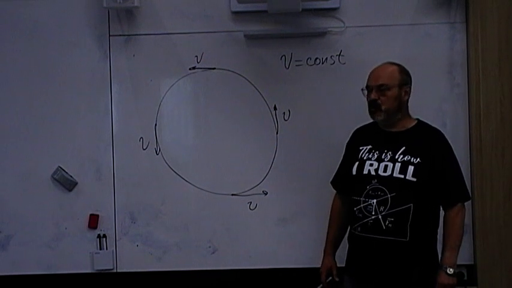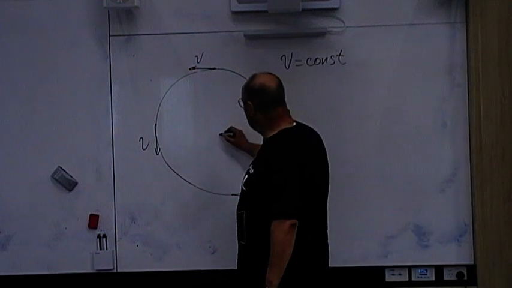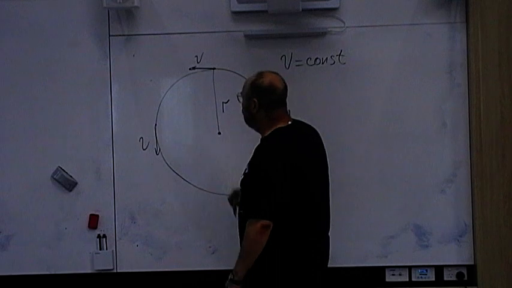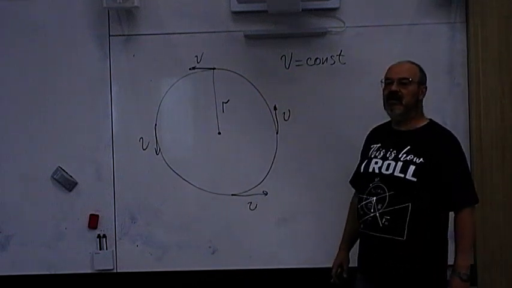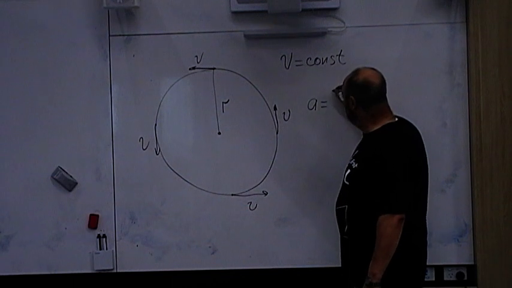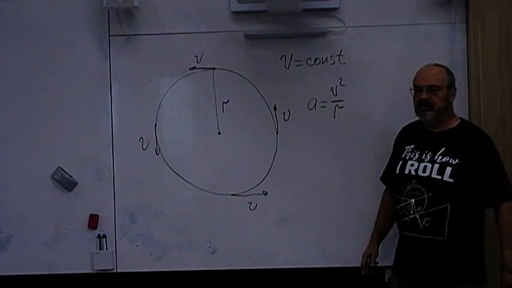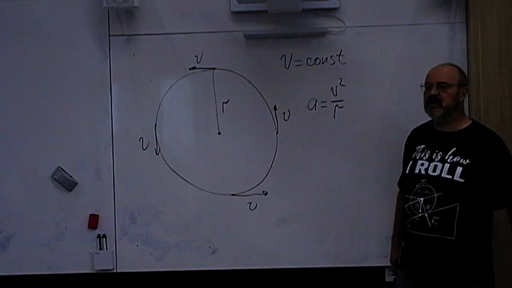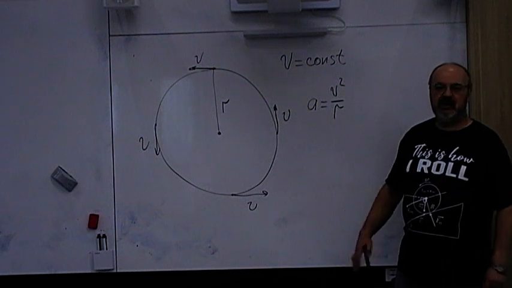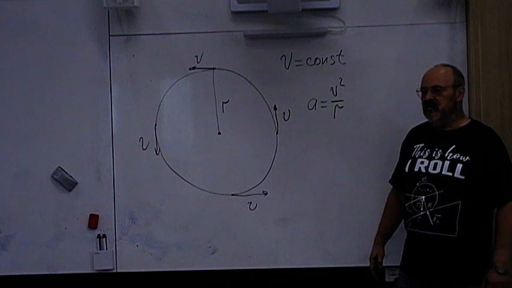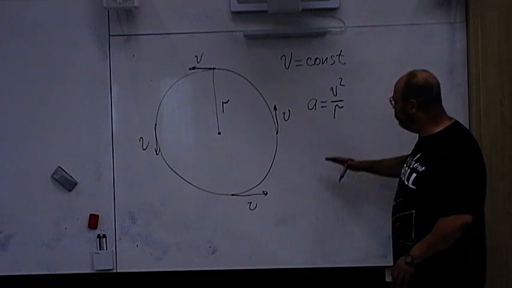And if speed is constant, and we have the radius of the circle R, it can be shown that acceleration will be v squared over R. The derivation of this formula is not in the course, but it can be derived from similar triangles. I'm giving it to you straight.